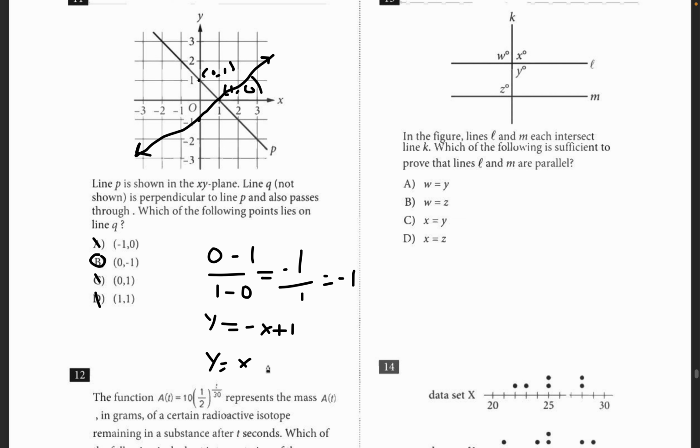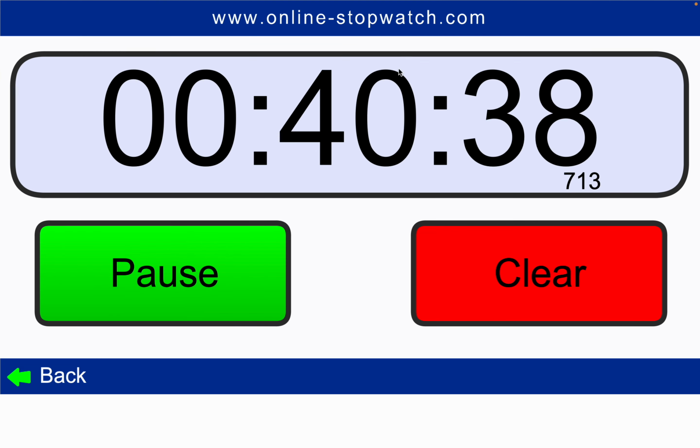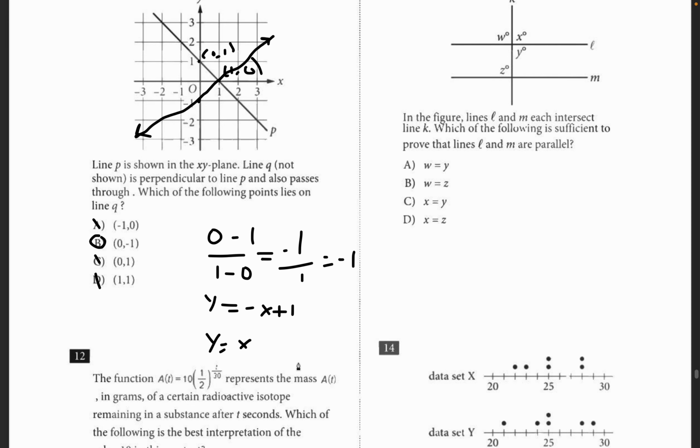Y equals x. Which of the following points lies on the line? Y minus y1. Let me try this. How much time do we got? Okay, we gotta move.